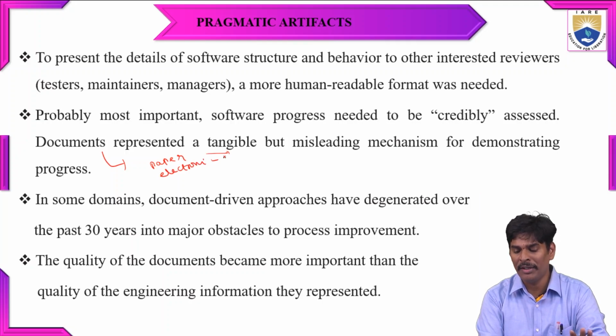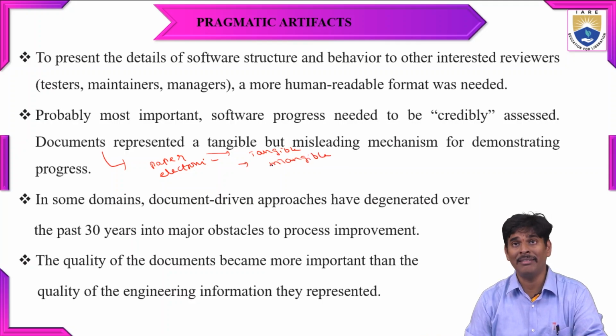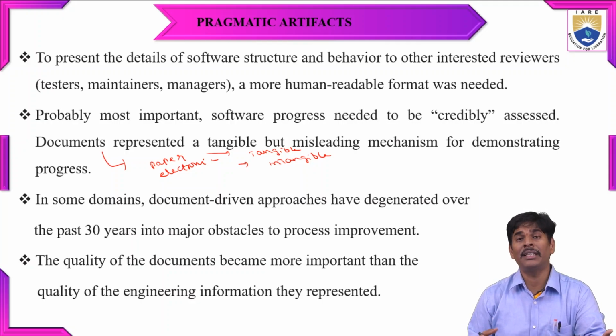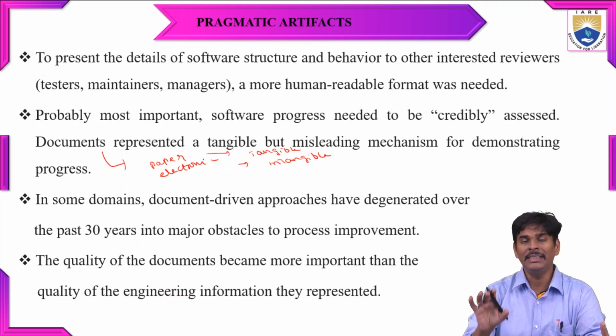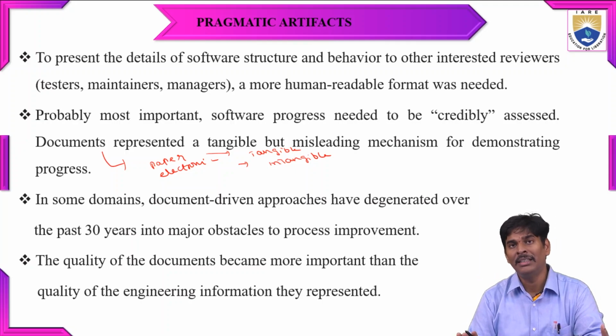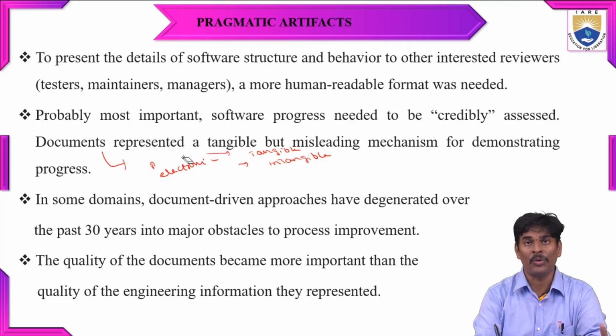Paper documentation we can call tangible, whereas electronic is intangible. For demonstrating progress with paper, we need to verify each and every paper, whereas in electronic documentation we can see the content and the information, what changes they have made electronically.